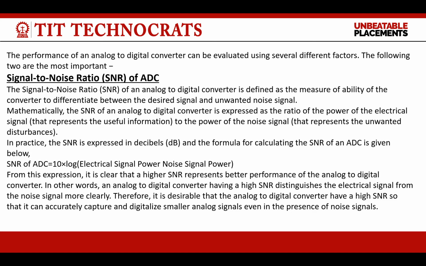From this expression, it is clear that a high SNR represents better performance of the analog to digital converter. In other words, an analog to digital converter having a high SNR distinguishes the electrical signal from the noise signal more clearly.